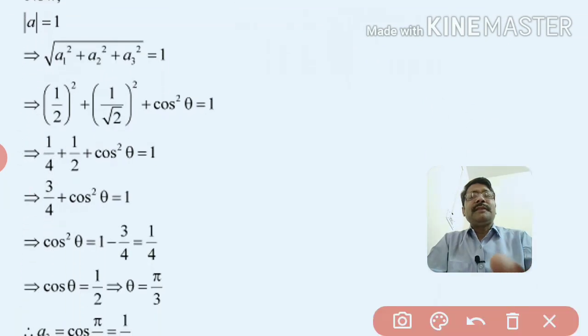Now it is given in the question that A is a unit vector, so modulus of A equal to 1. So root of a1 square plus a2 square plus a3 square equal to 1. Now square both sides, and put a1 as 1 upon 2, a2 as 1 upon root 2, and a3 as cos theta. So you will get (1/2) square plus (1/root 2) square plus cos square theta equal to 1.